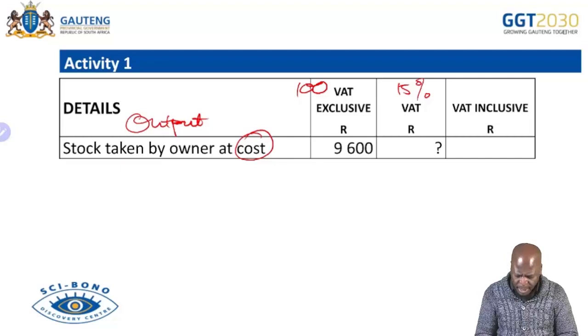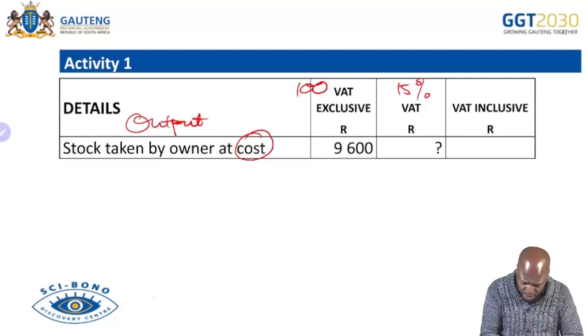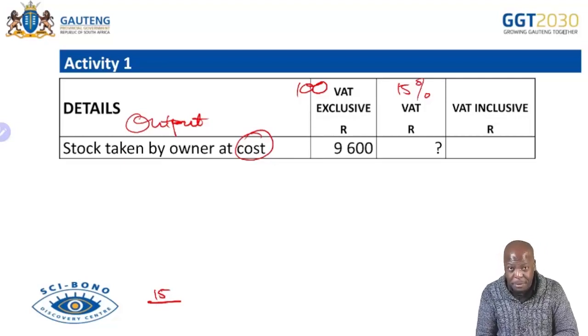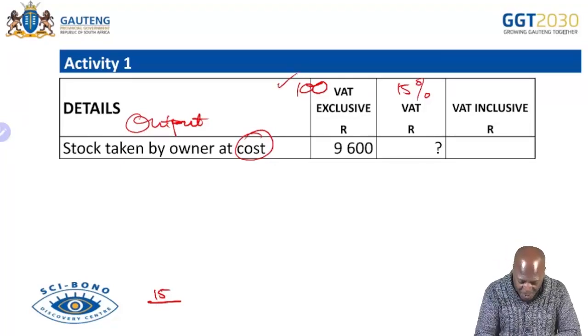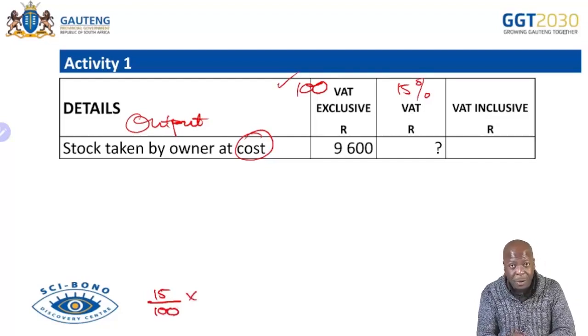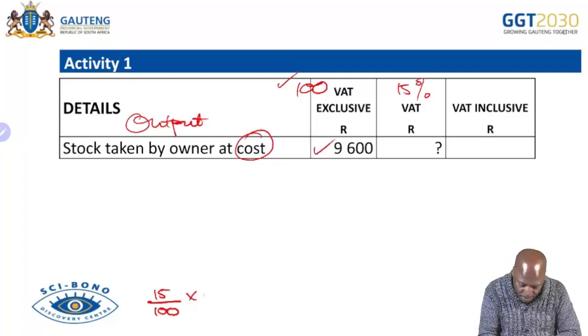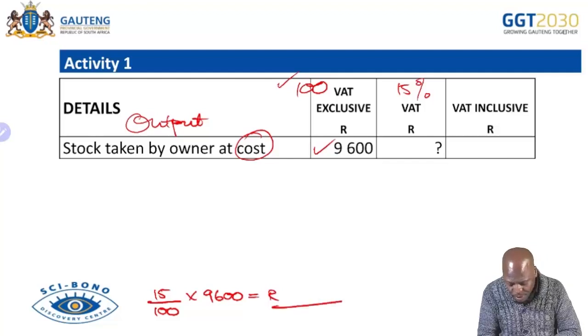Now, let us calculate this VAT. What do we want? We want 15. What do we have? We have 100 here. What else do we have? Remember the rand value. It is the 9,600. Please punch it in your calculator.